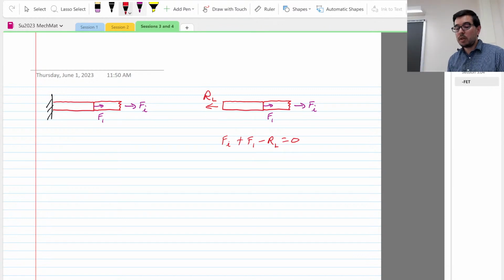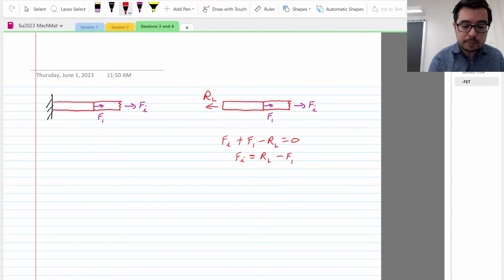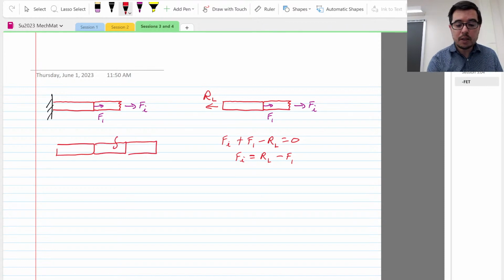So that means that Fi is equal to RL minus F1. Now remember, this comes from this problem where I had 3 members, and this is K2, that has a spring constant of K2.